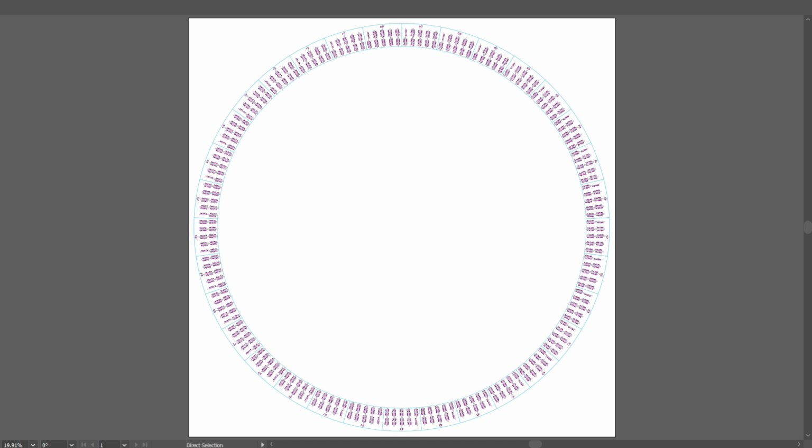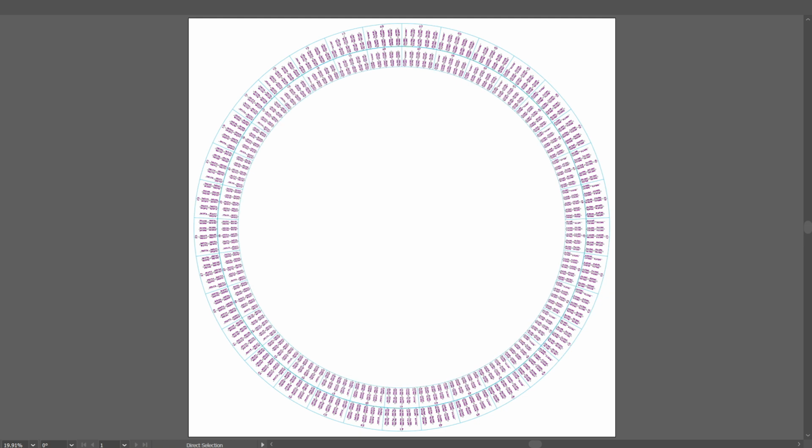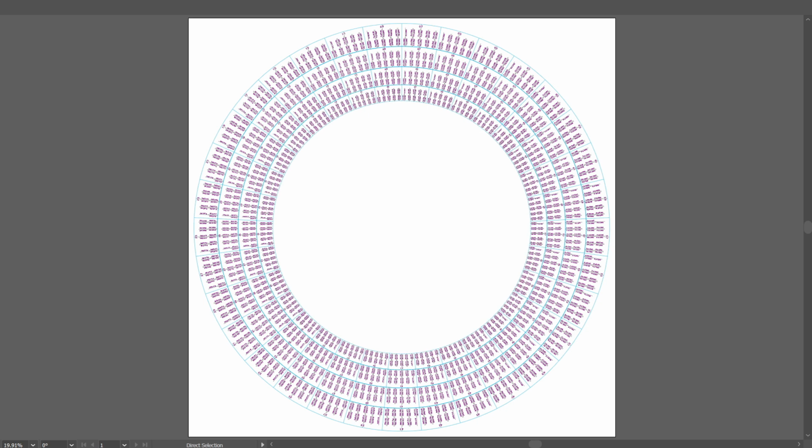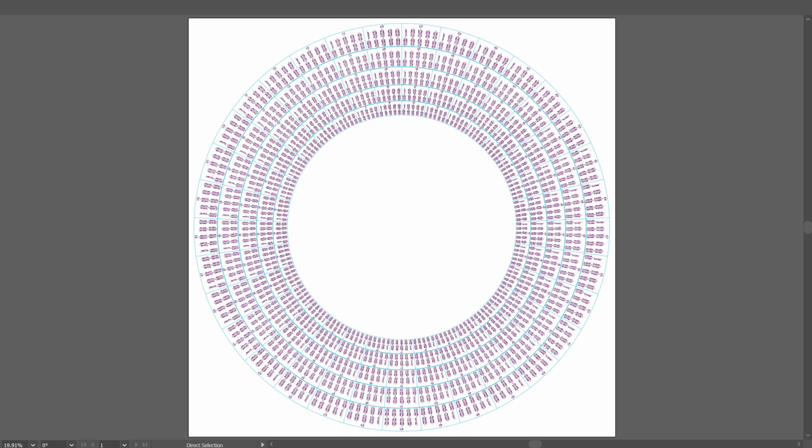Lieutenant Loom, copy ring number 1 4 times and place those 4 rings within ring number 1. Aye, Captain. Captain, ring number 1 copied 4 times and are in place.